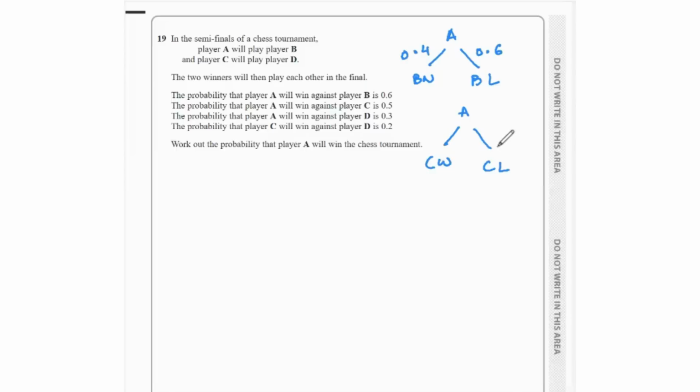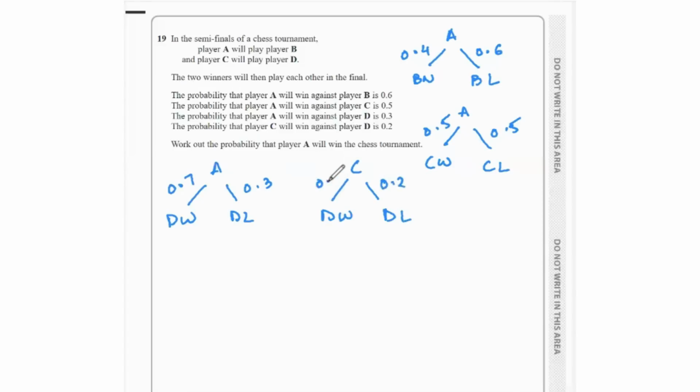So if A is winning against C, that's 0.5, and this is also 0.5. Then after that, for A against D winning and D losing. So if A is winning against D, that's 0.3, and this is 0.7. And then C against D, D winning, D losing. So if C is winning, that's 0.2, and C is losing, that's 0.8.